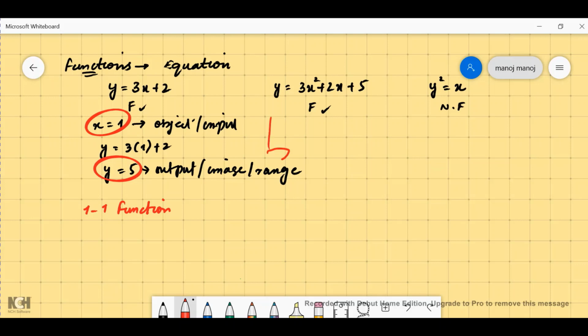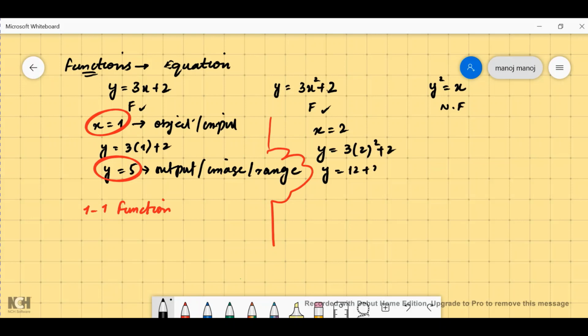Now the second part, when I take 3x squared plus 2. Okay, x is 2, so y is 3 times 2 squared plus 2, and y equals 3 times 4, which is 12, plus 2 is 14. Y is coming 14.